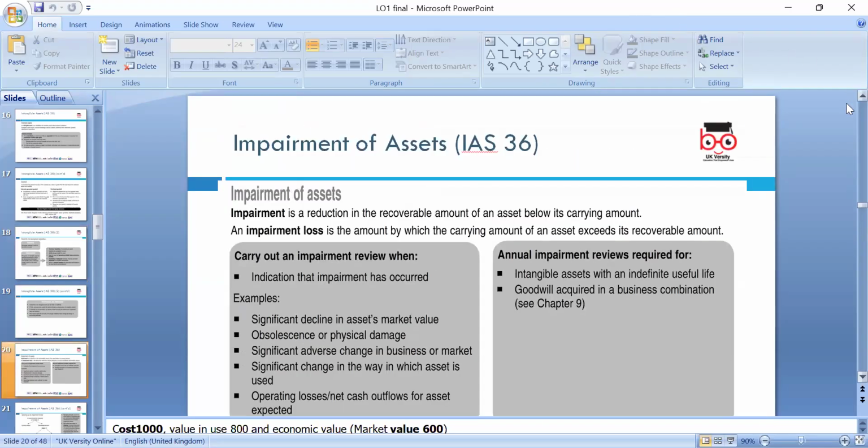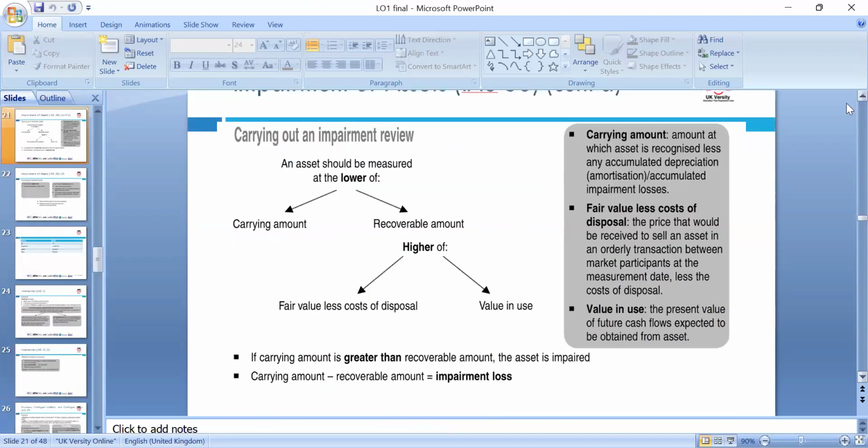Impairment is normally the word we use for losses, impairment loss, and we carry out impairment reviews, which need to be annual. That's always crucial. The asset should be stated at the lower of carrying value or recoverable amount. The recoverable amount is the higher of fair value or value in use.